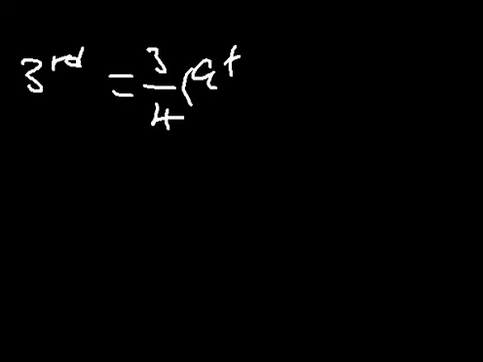Let's say we are told that the third term of an arithmetic progression is 3/4 of the 19th term. So 3/4 means 3/4 of the 19th term.